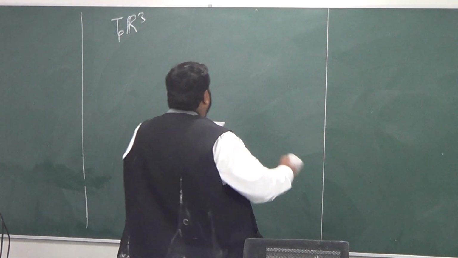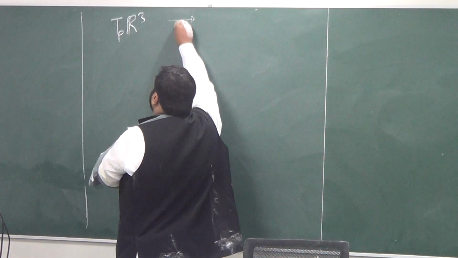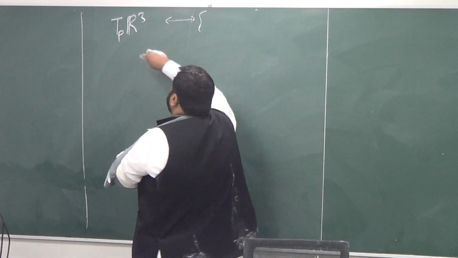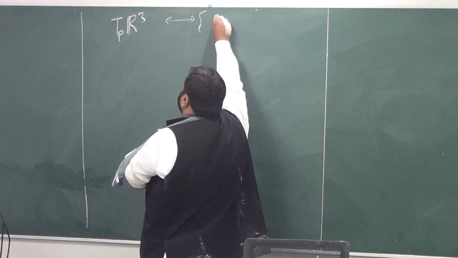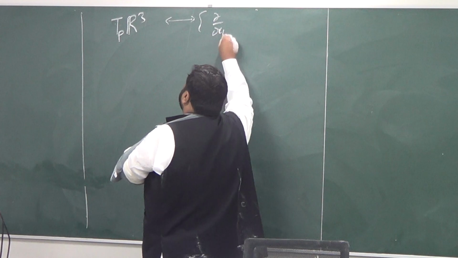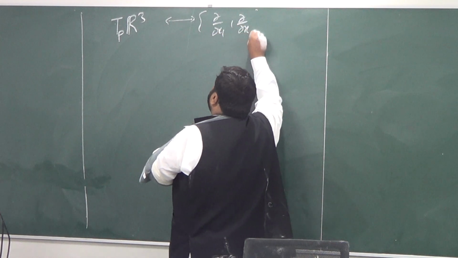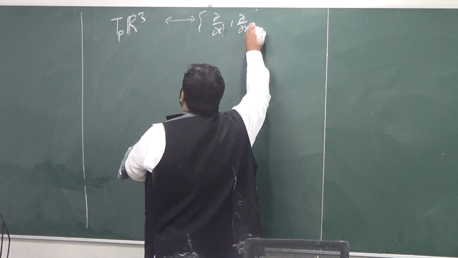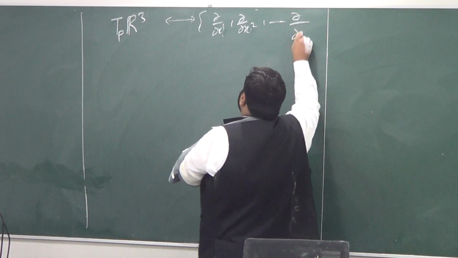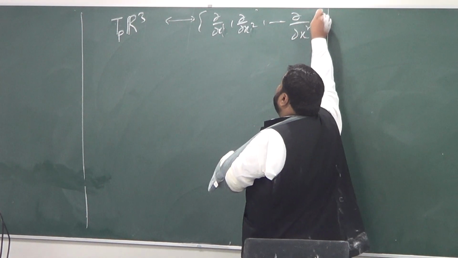Okay? And we know that the basis of this tangent space is partial by partial x1, partial by partial x2, and partial by partial x3.